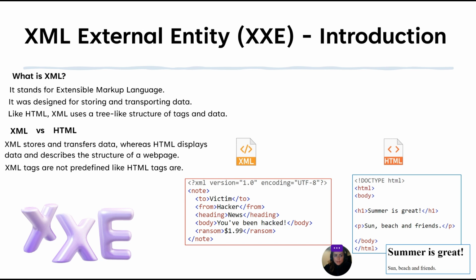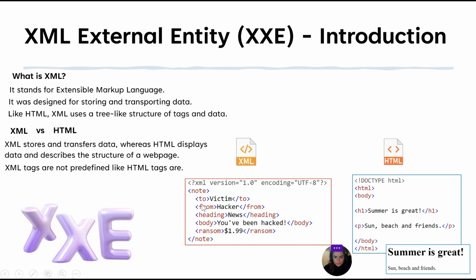Also, XML tags are not predefined like HTML tags are. So here, for example, instead of from, it can be cat, or heading can be dog, no matter what it is. The tags are defined by the author of the XML document.